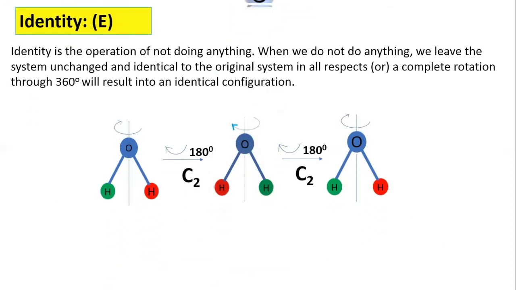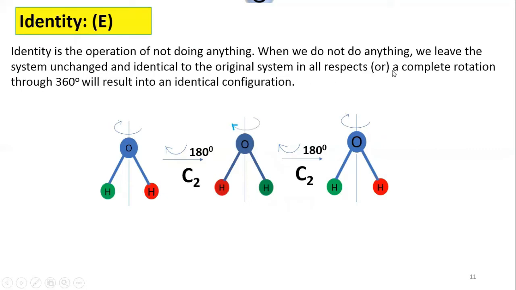So here comes the identity operation. As we said, this configuration will be exactly the same as the initial configuration. Identity is the operation of not doing anything. When we do not do anything, we leave the system unchanged and identical to the original system in all respects.